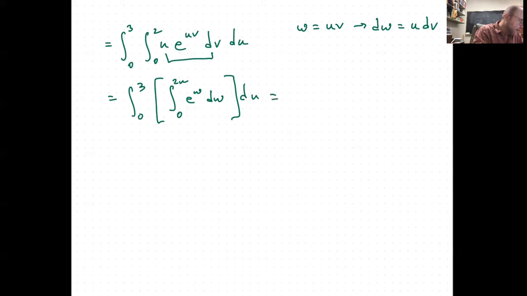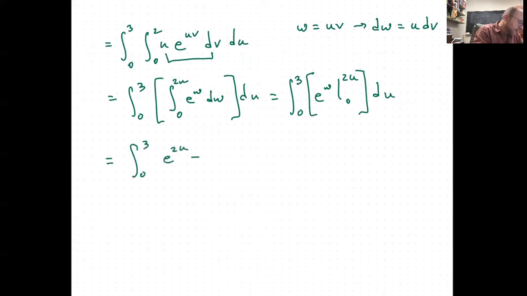But it is super easy to work this out at this point because we'll say e to the w going from 0 to 2u, and then a du afterward. I should put some brackets in there. And so then this is equal to the integral from 0 to 3 of e to the 2u minus 1 du, and that's going to be 1/2 e to the 2u minus u from 0 to 3.